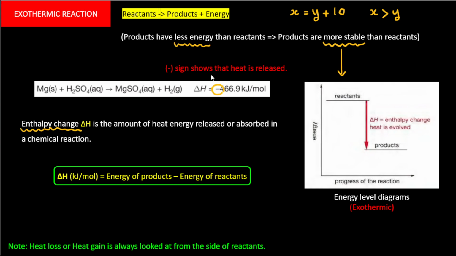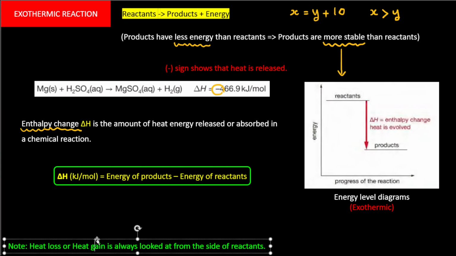The enthalpy change delta H has the unit kilojoules per mole, and it's usually calculated as the energy of the products minus the energy of the reactants, but we will get to how to calculate them in a few seconds.